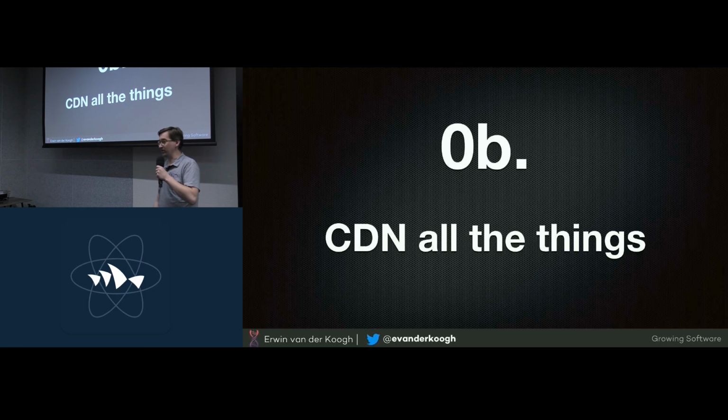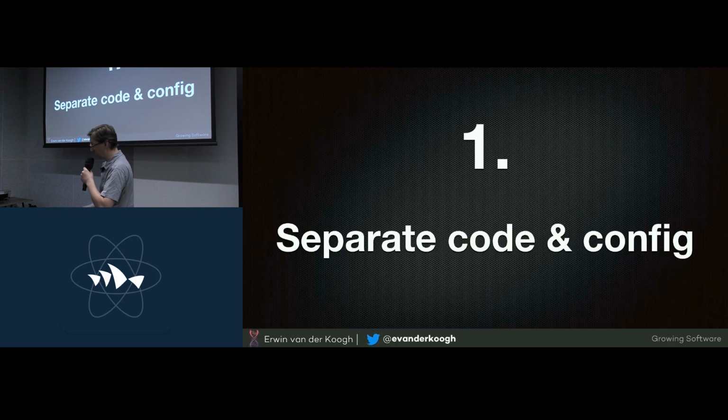So let's go into the real meat of the presentation, which is separating out code and config. This is one that I've seen done wrong a whole lot, where we create bundles for a particular environment. So we've got our CI set up, and we go, build a bundle that will deploy to the test environment.